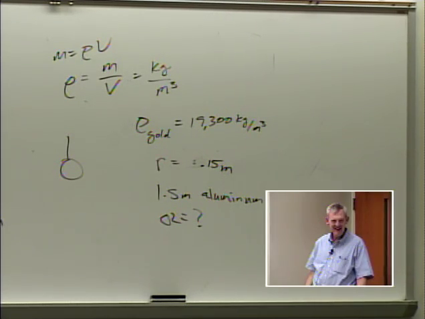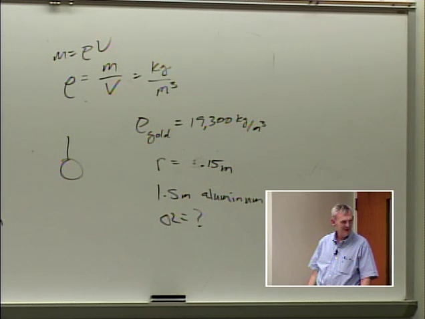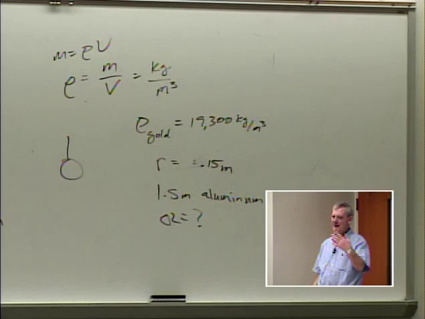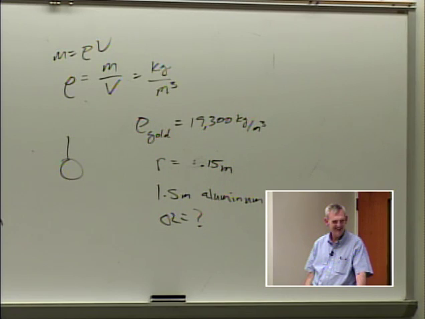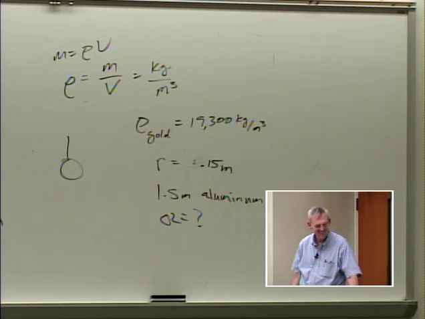Aha! Now all you need, what's the volume of a sphere? Or I might change it. I might put a cylinder on there. What's the volume of a sphere? Think. 4/3 pi r cubed, right? 4/3 pi r cubed.